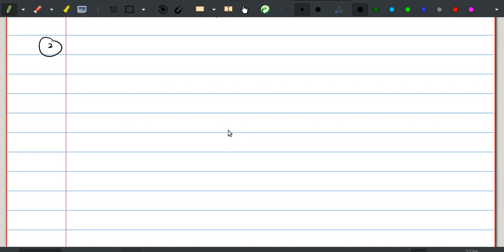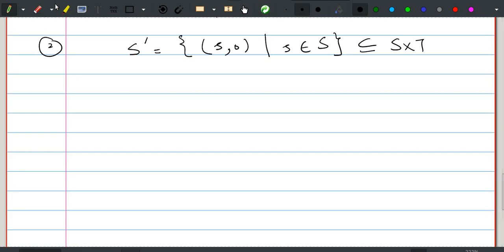note that we have S prime to be a subgroup of S cross T, which contains all two tuples whose second component is 0. So this is a subset of S cross T, not just a subset but a subgroup.